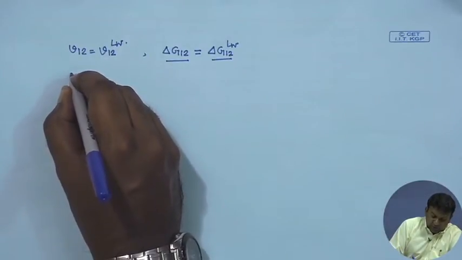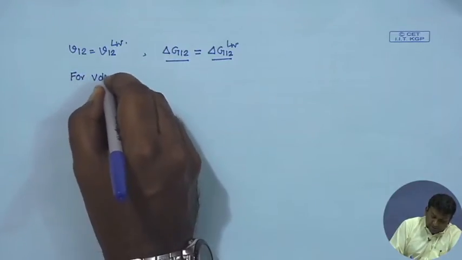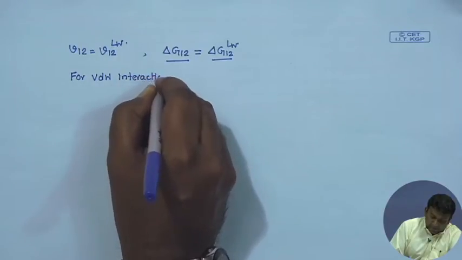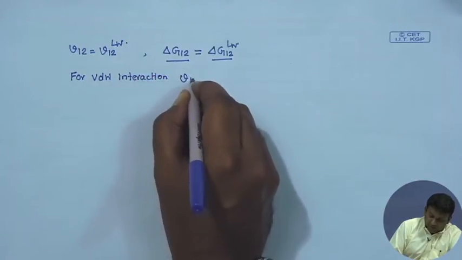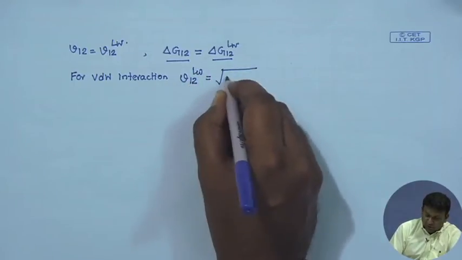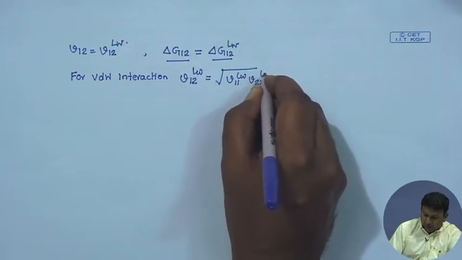Now, at this point I will invoke a mixing rule that is prevalent. It is quite prevalent that for van der Waals interaction it is conveniently assumed that V 1 2 LW is the square root of V 1 1 LW into V 2 2 LW.